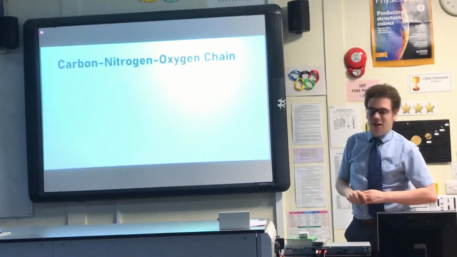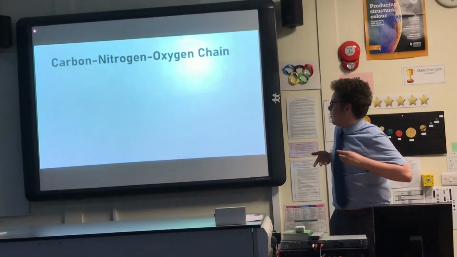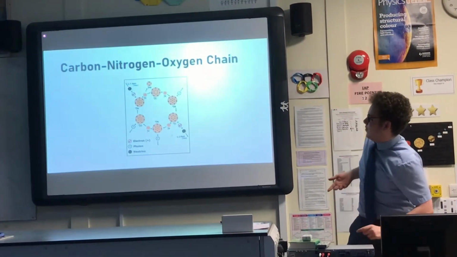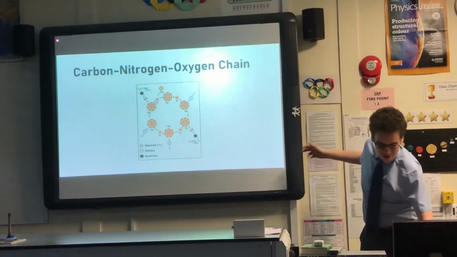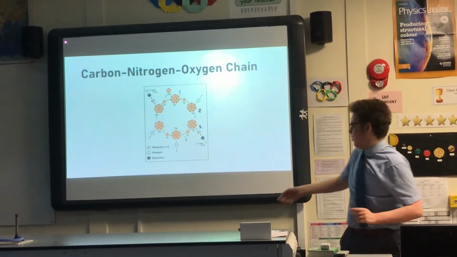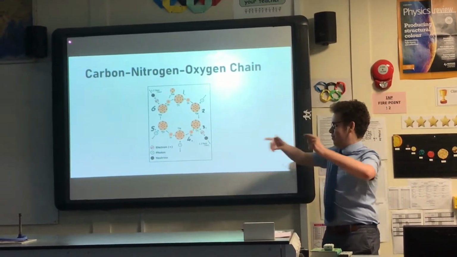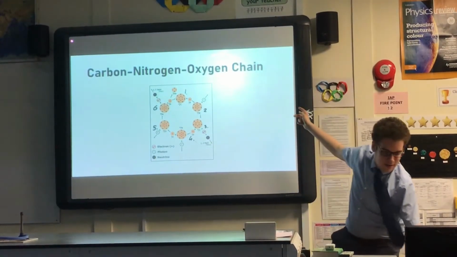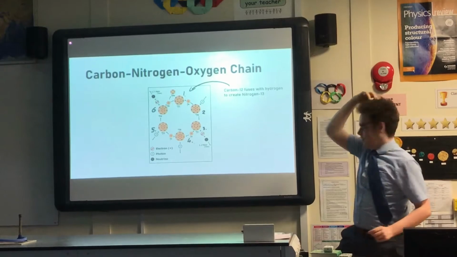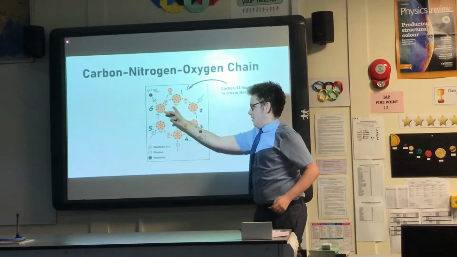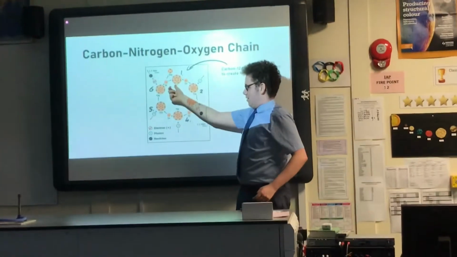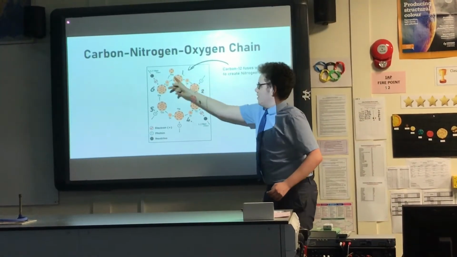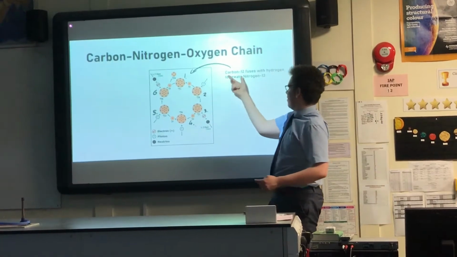Now we're going to go on to the second chain, which is the carbon, nitrogen, oxygen chain. Here's a general overview of it, but let's label each different step and go through that. So we start off here at 1. Carbon 12, this nucleus right here, fuses with hydrogen to create nitrogen 13.